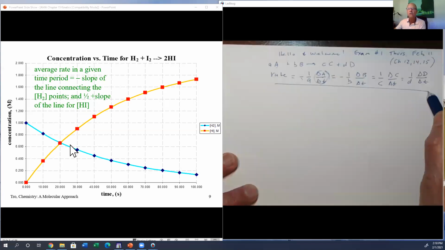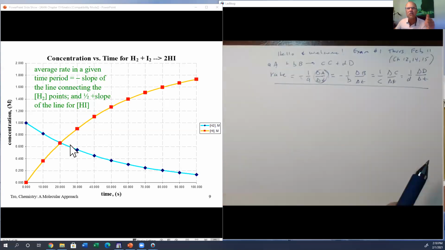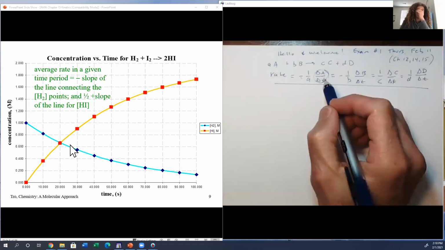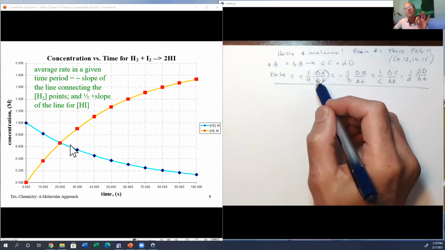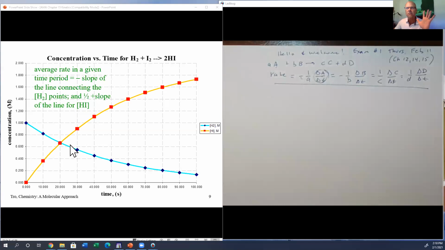Okay? So again, to repeat one more time, the rate of a reaction is always what? Positive. Okay? That's different than the rate of change of concentration of a reactant or product, which is not the rate of the reaction, right?